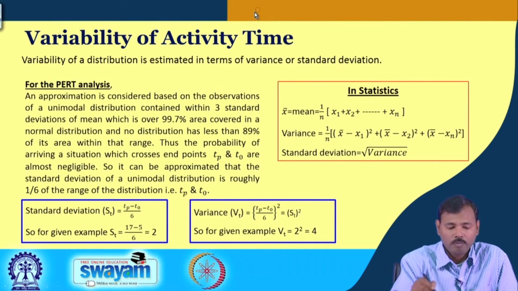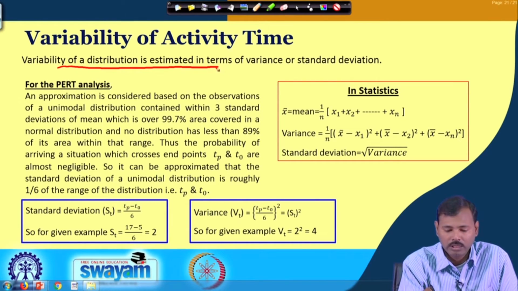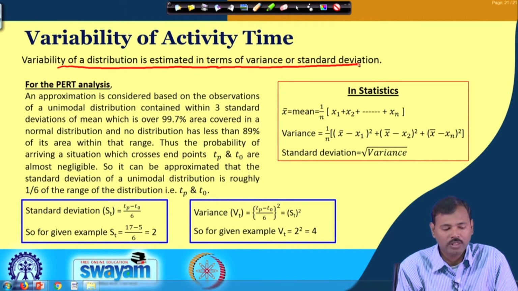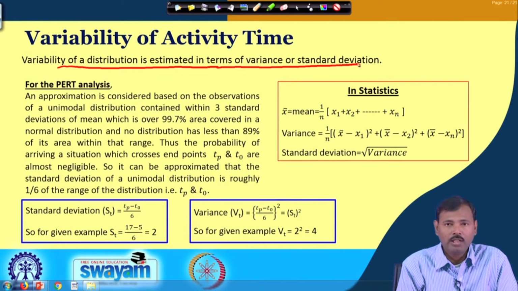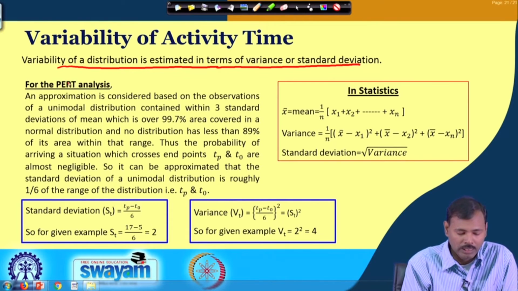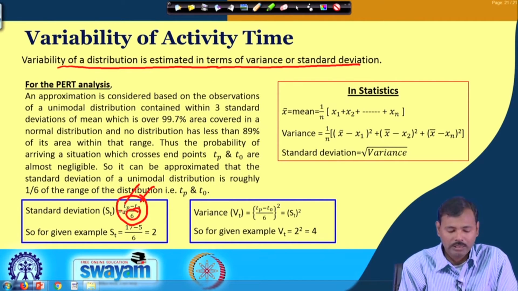So, the variability of the activity time, the variability of a distribution, is estimated in terms of variance or standard deviation, and the formula which we use for this in PERT analysis is that the standard deviation is considered as the difference between the pessimistic time and optimistic time divided by 6.